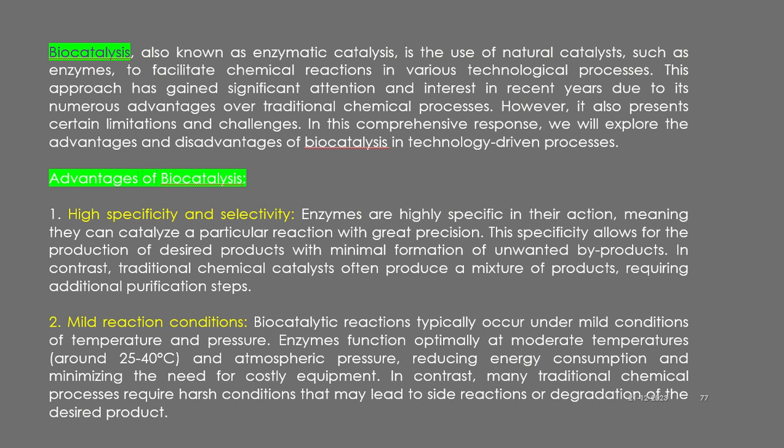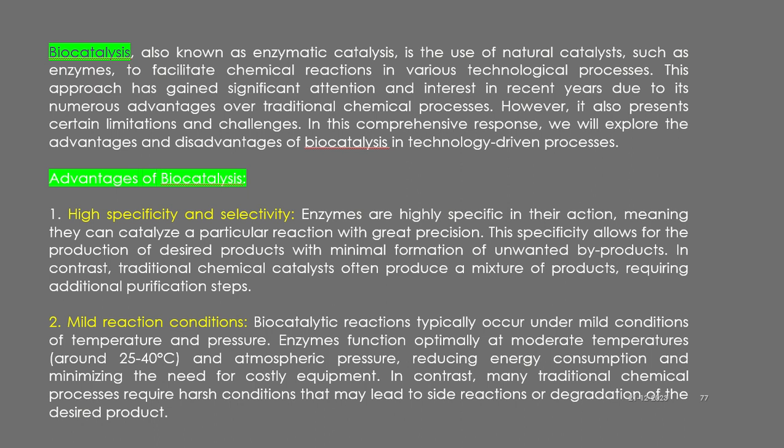In contrast, chemical catalytic processes produce a mixture of products. This is one of the major limitations we observe. A number of products can be formed as a mixture, so what is wanted is minimal formation of unwanted byproducts, and the major specificity is for the desired product to form.